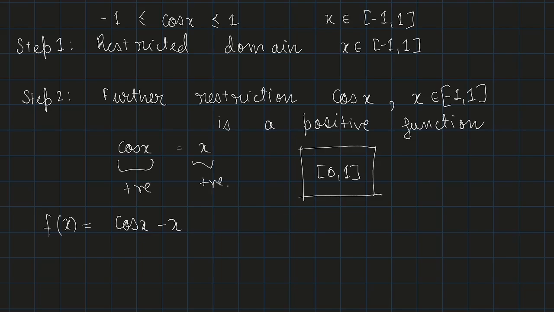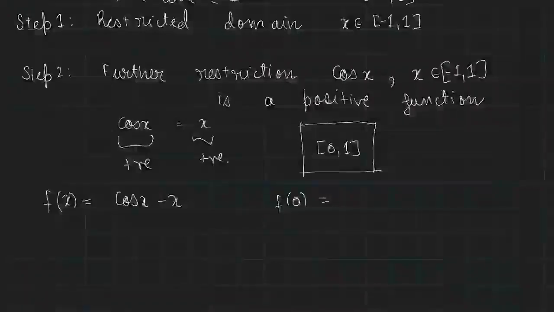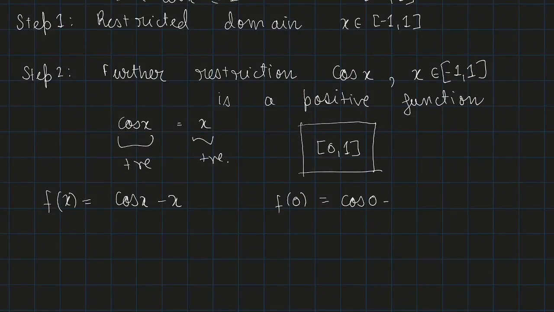What happens to this on the extreme points, which is, what is f of 0? f of 0 is cos of 0 minus 0, right? That's a positive number because cos of 0 is just 1. It's greater than 0.